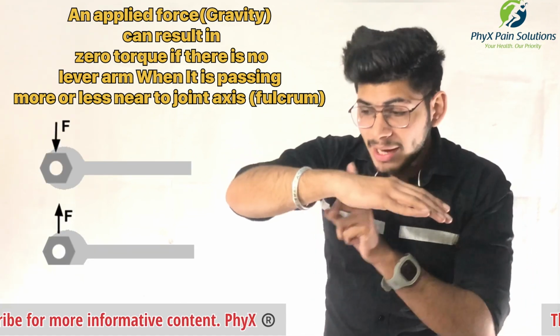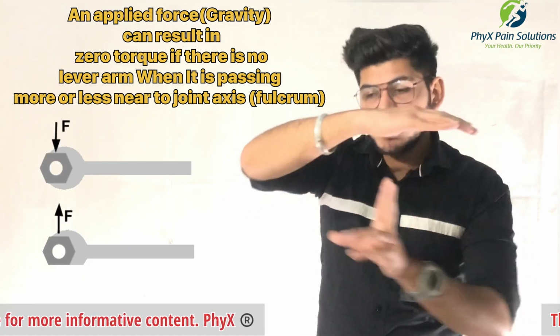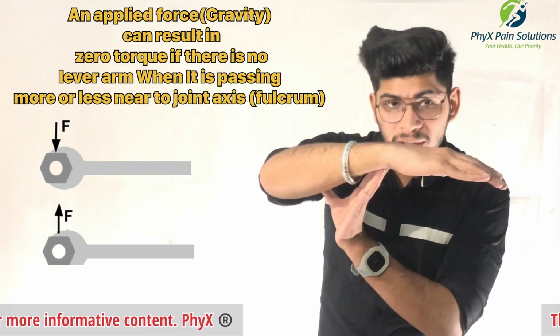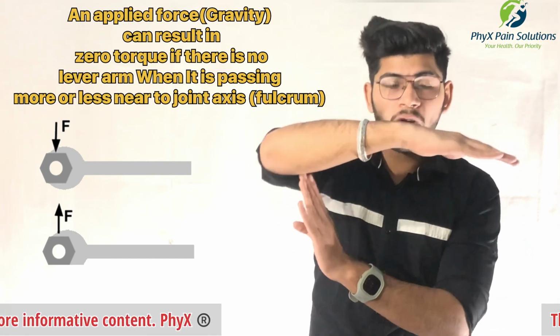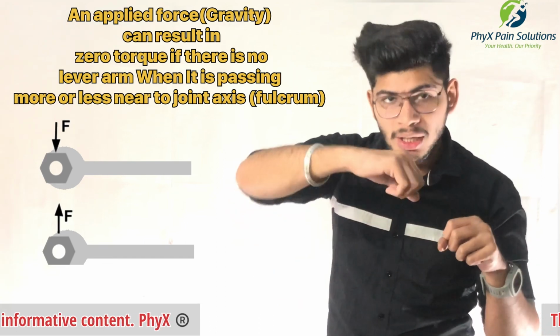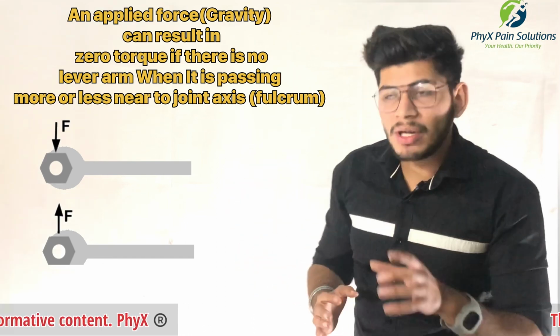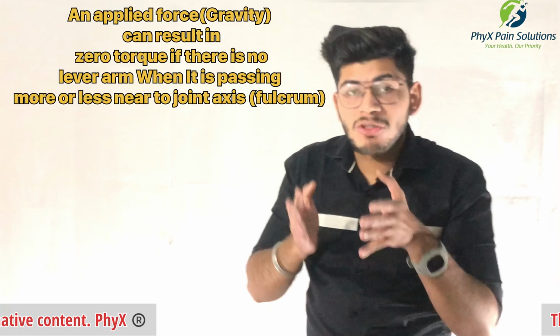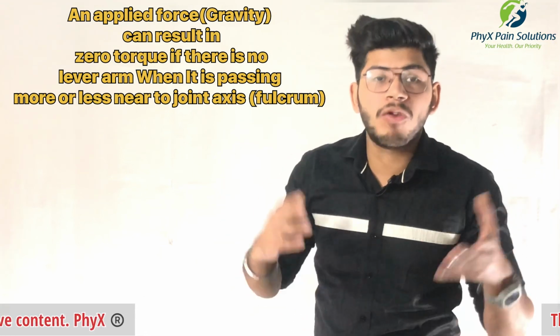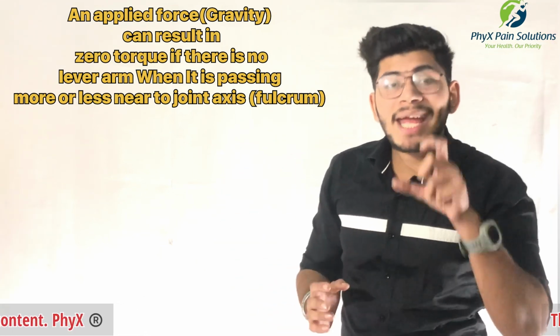Secondly, the line of gravity, the center of gravity of this particular segment, is passing through the axis or fulcrum of your motion. Whenever an external torque acts through the axis or fulcrum of a particular segment, its effect on that segment will be null or minimized.